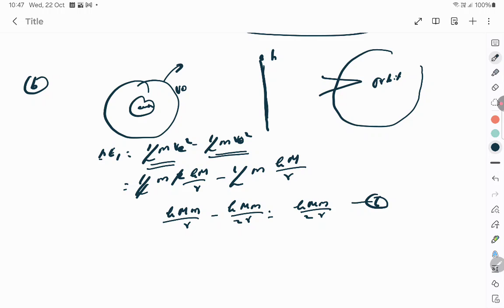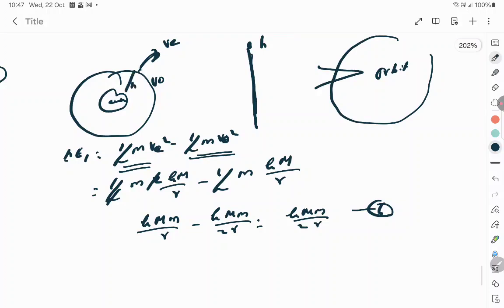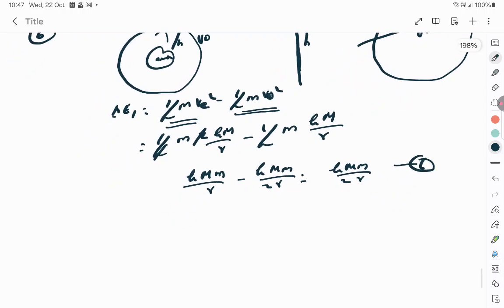To achieve this from orbit, you're going to escape. And the next one is just to take it as a stationary object. You're just taking it to a height h, the same height h. So delta E2 is half m v_e squared. This first one is from orbital to escape, and this is directly to escape from the ground.